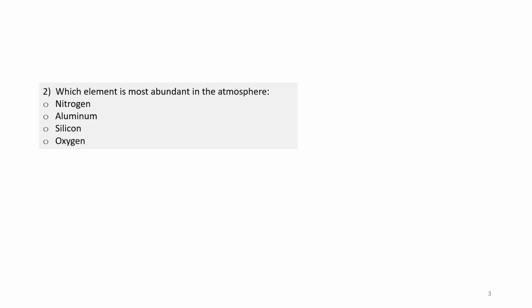The atmosphere is what surrounds us, consisting of various gases such as nitrogen, oxygen, argon, carbon dioxide, sulfur dioxide and others. Out of these, which gas is the most abundant? Your options are nitrogen, aluminum, silicon and oxygen. Aluminum and silicon are not even gases, so they can't be in the atmosphere. So your options are between nitrogen and oxygen.